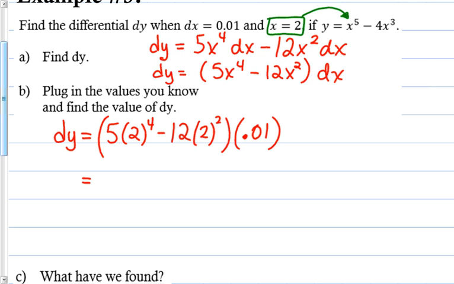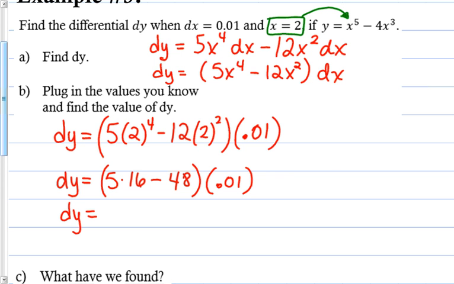So again, still looking for dy. 2 to the 4th power is 16. So 5 times 16 minus 2 squared is 4. 4 times 12 is 48 times 0.01.